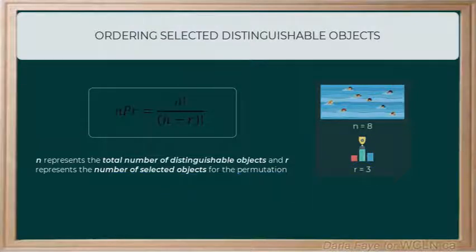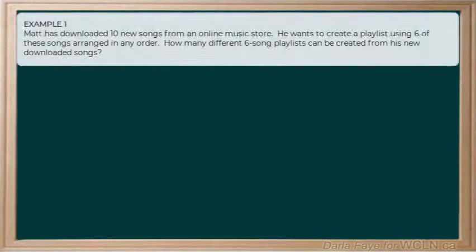So this is n factorial divided by the difference between n and r, factorial. Now, as we dig further into this equation when we go through our examples, it's going to be important to look for connections back to our work with the fundamental counting principle. I think you'll see quite a few of them. Let's dig into our first example.